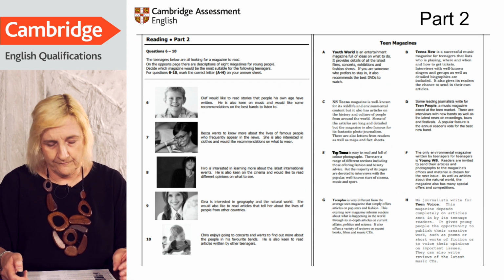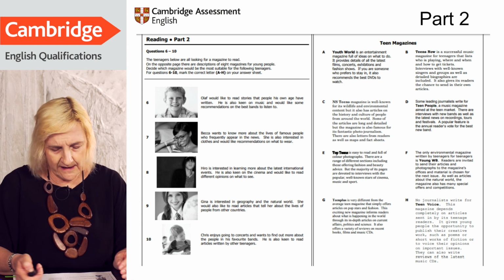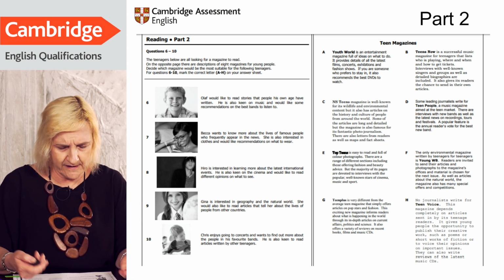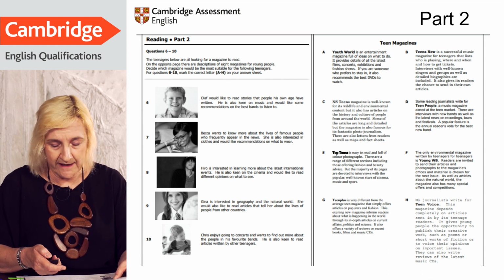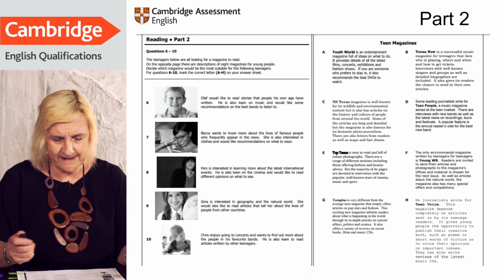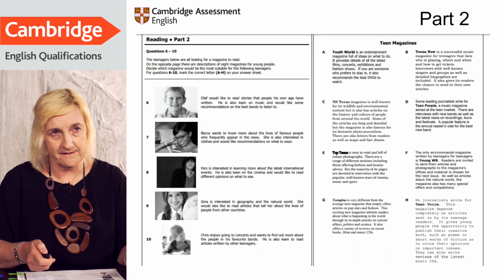Looking at part 2, here we have basically 8 short texts, and we have 5 descriptions, in this case, of some teenagers. And the idea is, again, that the students will be skimming and scanning to find the information that they need related to the text.